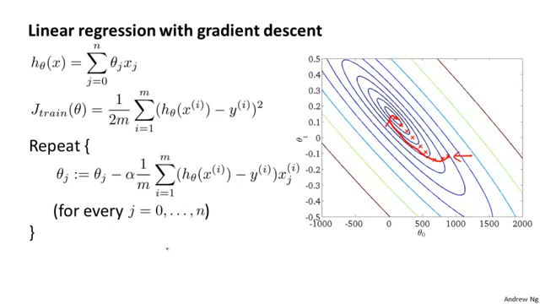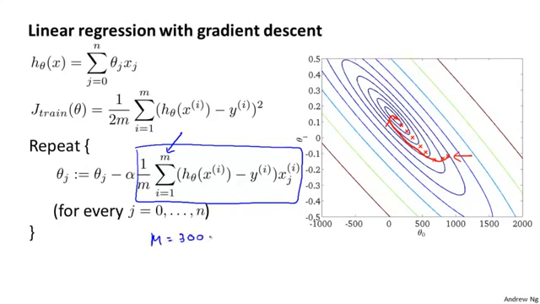Now the problem with gradient descent is that if m is large, then computing this derivative term can be very expensive, because it requires summing over all m examples. So if m is 300 million, in the United States there are about 300 million people, and so the US census data may have on the order of that many records.